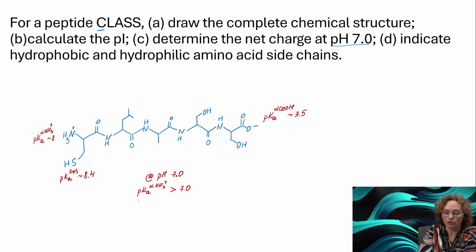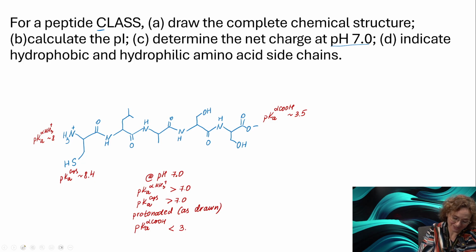And the same is true for the pKa of the cysteine side chain. As for the alpha carboxyl group, its pKa is less than 3.5, less than 7.